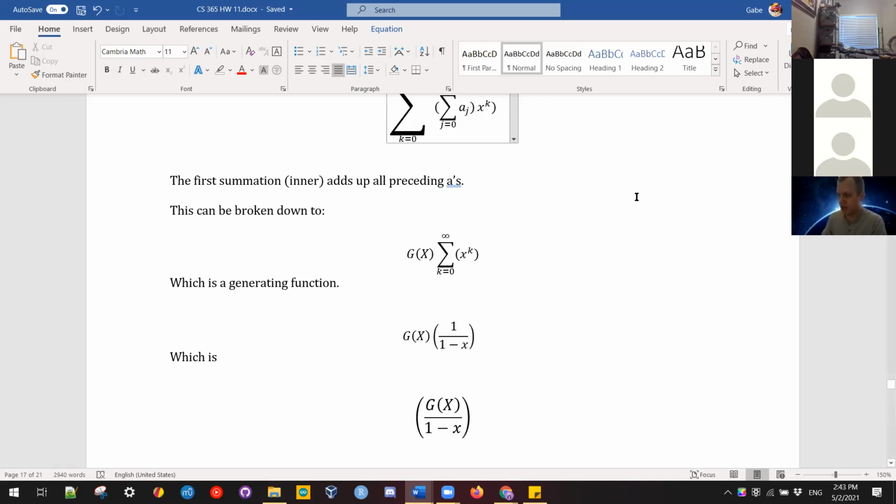So what I did is, if you look at the second part, the product, the sum from k equals 0 to infinity of the summation times x to the k, that inner summation has a different index, j, and then you have a sub j, and then b sub k minus j.